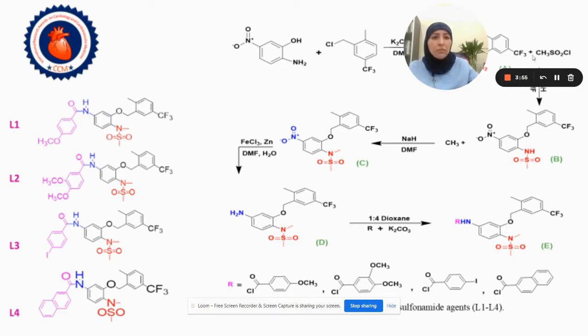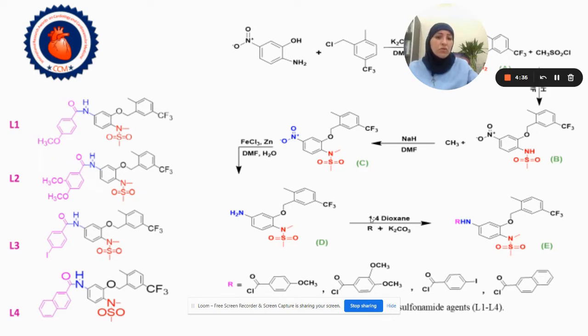This will give us compound A. Then compound A will react with methyl sulfonyl chloride in the presence of sodium hydride and DMF to give us compound B. In compound B, this hydrogen will be methylated in the presence of sodium hydride and DMF. When we receive compound C, we will reduce the nitro group to NH2 in the presence of iron chloride, zinc, DMF, and water to end with compound D.